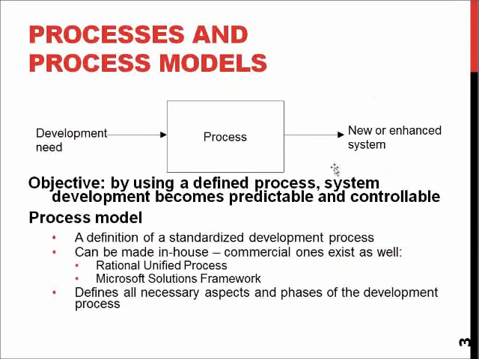So the process is just the steps defined on how to systematically, with some sort of control system or ability to manage what we are doing, gather the needs and create a solution that would fulfill all our requirements and needs for the system.